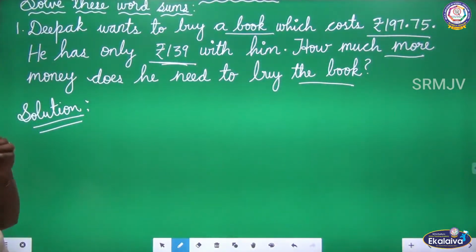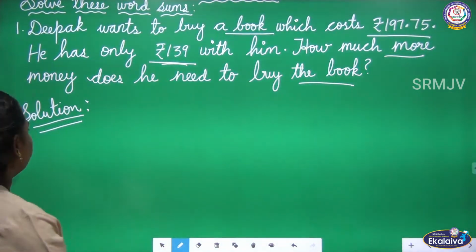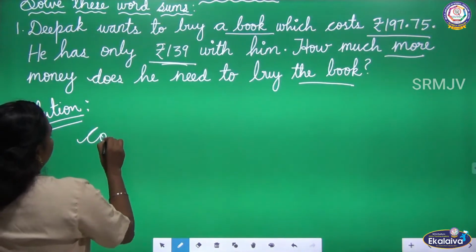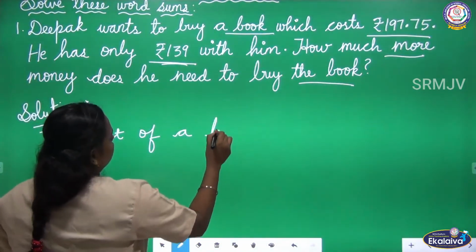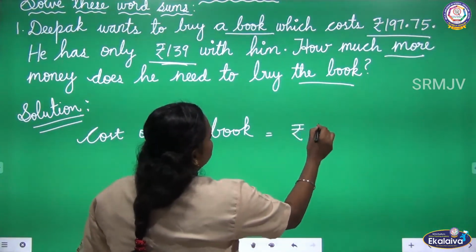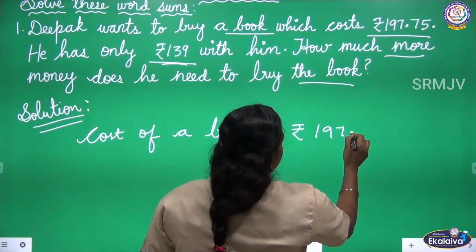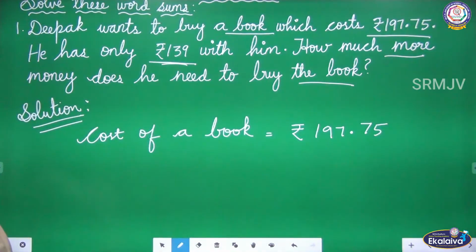So Deepak wants to buy a book which costs rupees 197 rupees 75 paise. So you write first cost of a book. So what is the cost of a book, children? Cost of a book equal to 197 rupees 75 paise. Next one, how much he had?